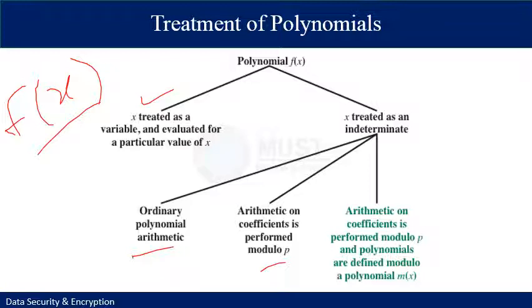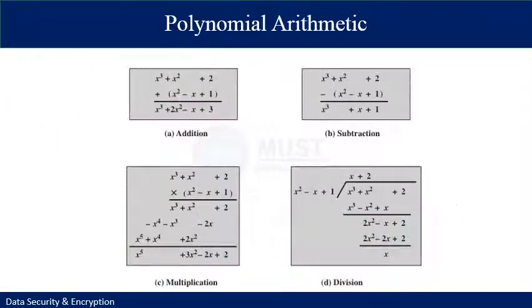We will briefly discuss the first two types shortly, and then we will move our focus to the third type. This diagram shows the addition, subtraction, multiplication, and division of typical polynomial equations. This is represented as ordinary polynomial arithmetic.